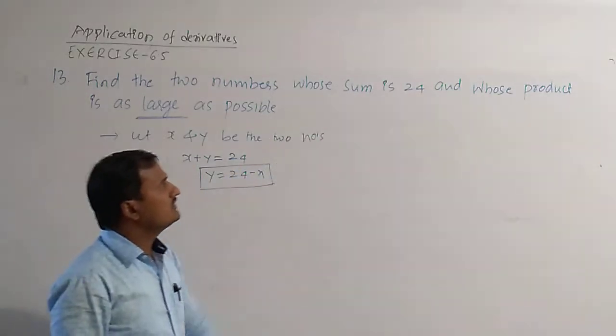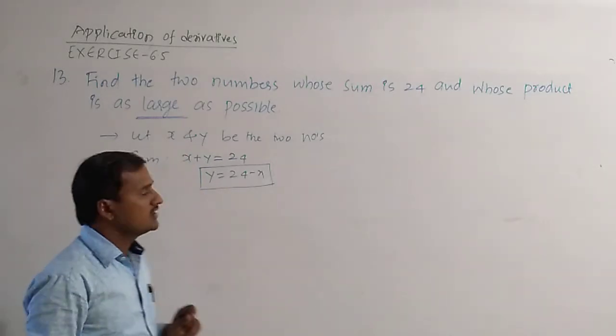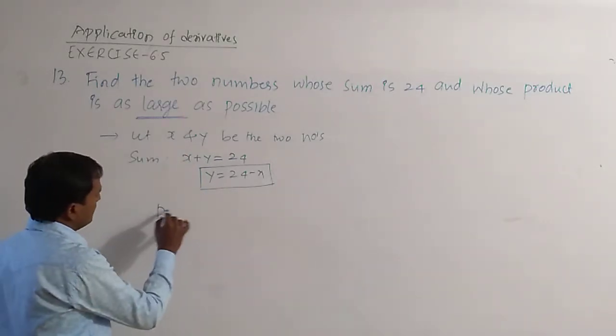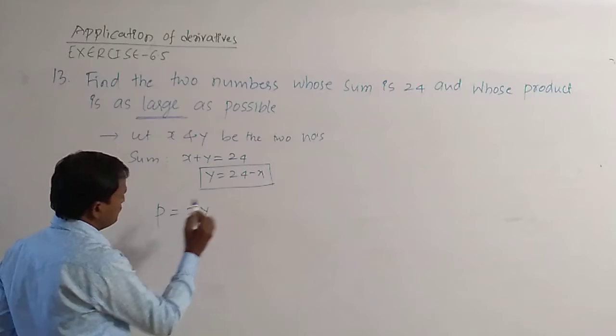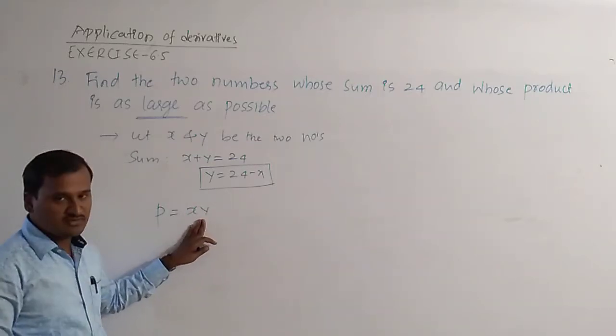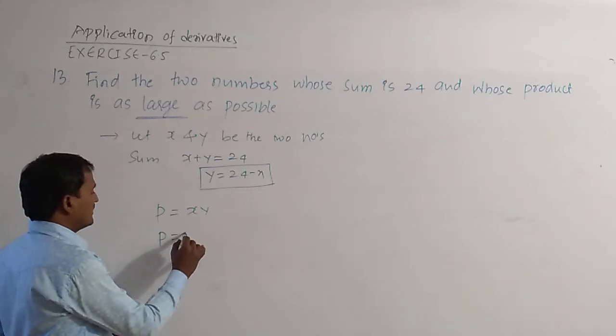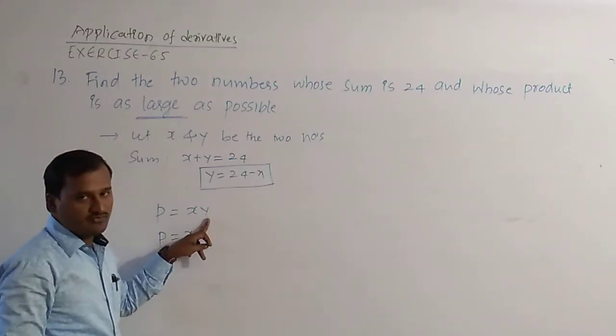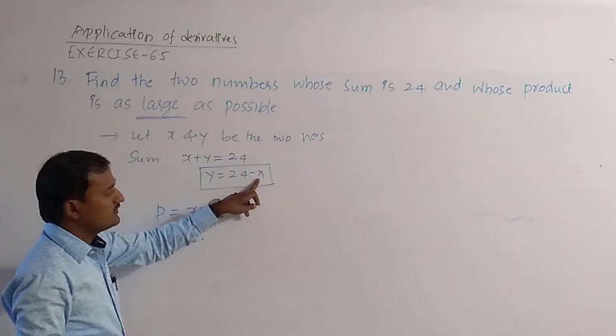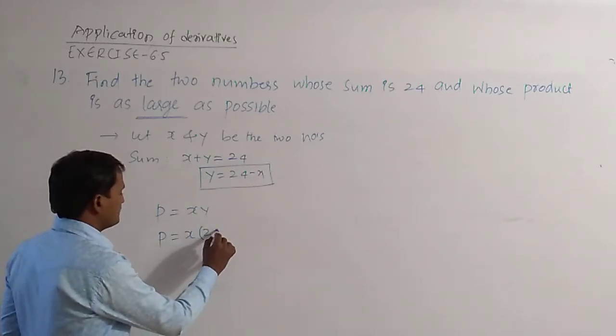Also what they have given? They have given the product of these two numbers. So here I will take p is equal to x into y. The product of those two numbers is equal to xy. Now I will take the value of y, 24 minus x, and substitute here.